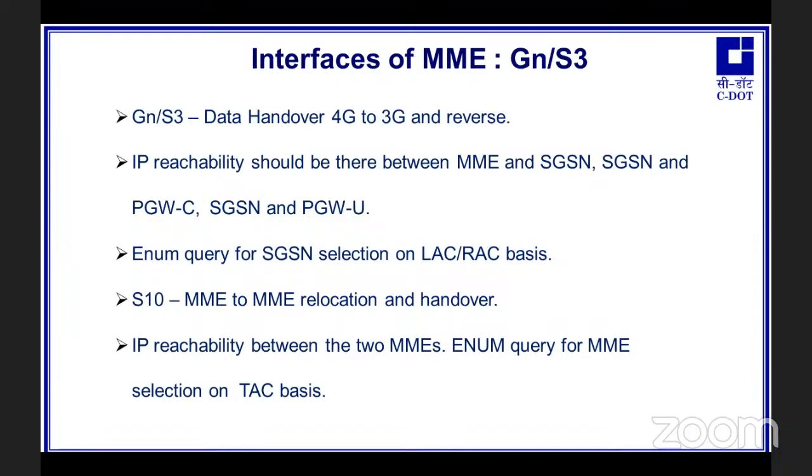So the RNC will come into the picture. E-Node B will be replaced by RNC and MME will be replaced by SGSN basically. And data path will be through PGW user plane. So SGW will not be part of any handover to 3G or 2G.